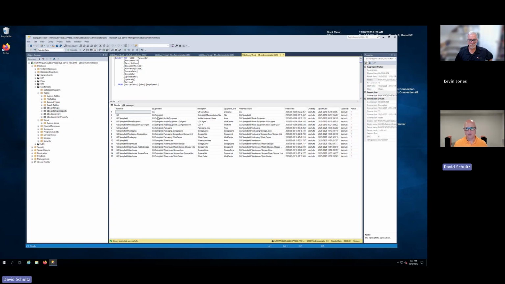If you remember the other video we did recently on the movement of materials, I've done something very similar here where we're going to have the enterprise, the site, and the area, and then I've gone through and created all the work centers, all of the storage zones, and all the storage units that are associated with that. I've given an equipment ID. If you remember going back to that database schema, this is going to be the primary key that everything is going to relate to.